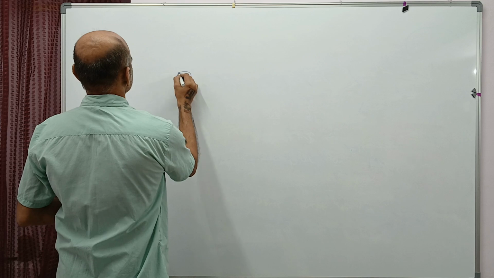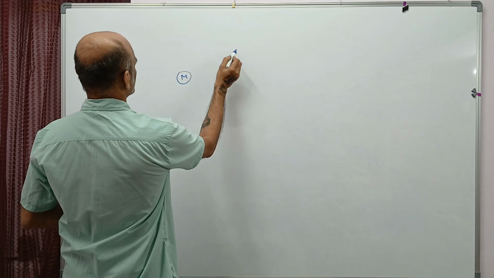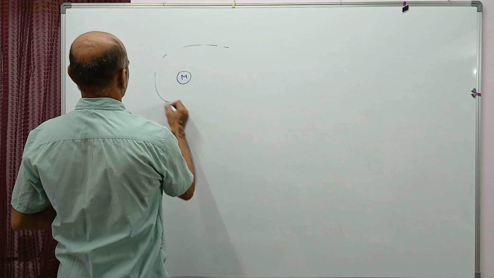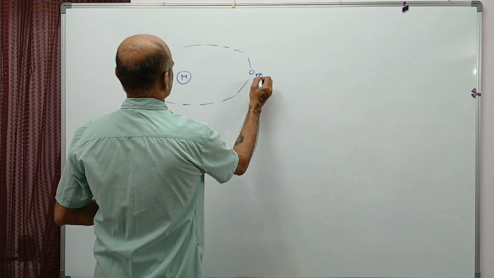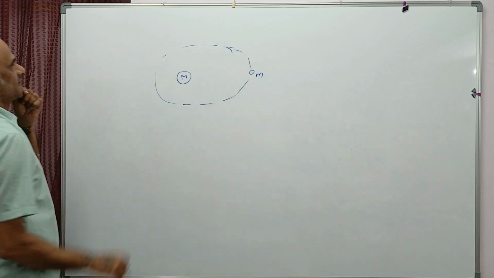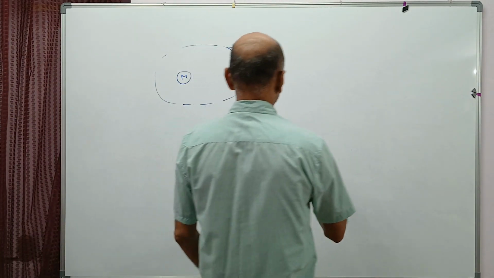Let me consider this big mass M here and a small mass m here, which is moving in an ellipse like this. The same mass can also move in a different elliptical path.